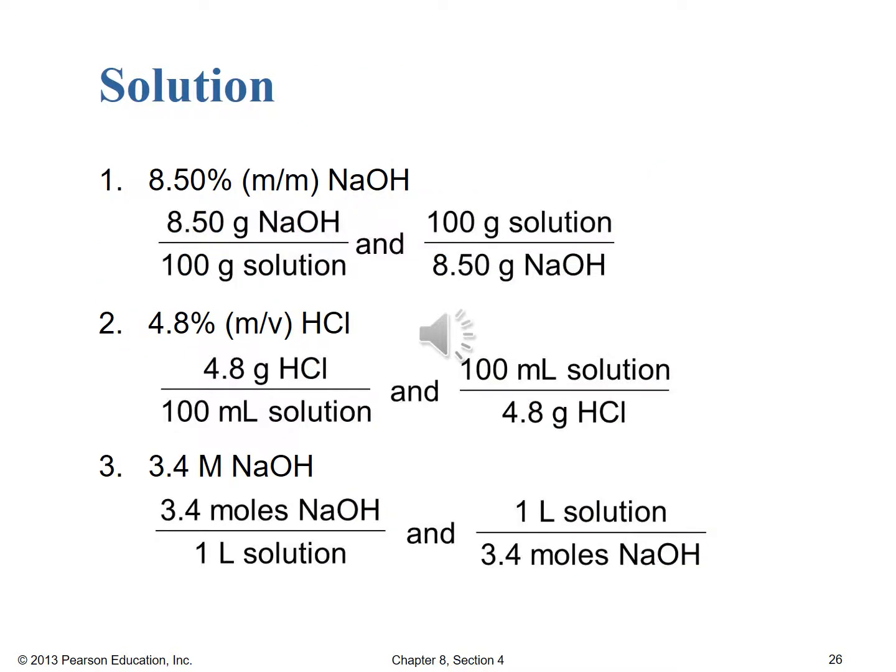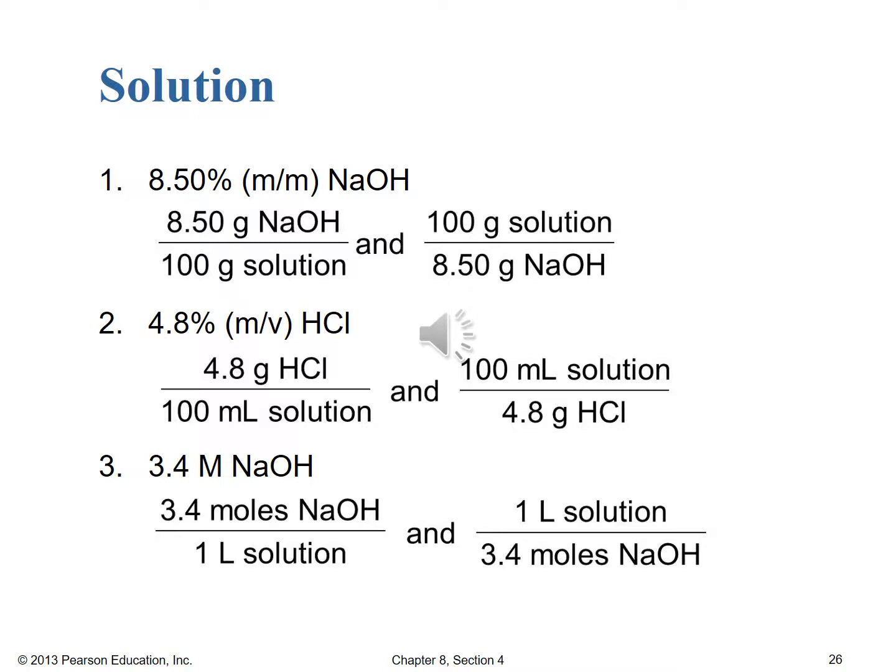Okay, so in that first example, the 8.50% mass per mass sodium hydroxide solution means either 8.50 grams of NaOH per 100 grams of solution, or the inverse, 100 grams solution per 8.50 grams NaOH. For number 2, we have a 4.8 mass per volume percent solution of HCl, so that could be either 4.8 grams HCl per 100 milliliters of solution, or the inverse, 100 milliliters of solution per 4.8 grams of HCl.